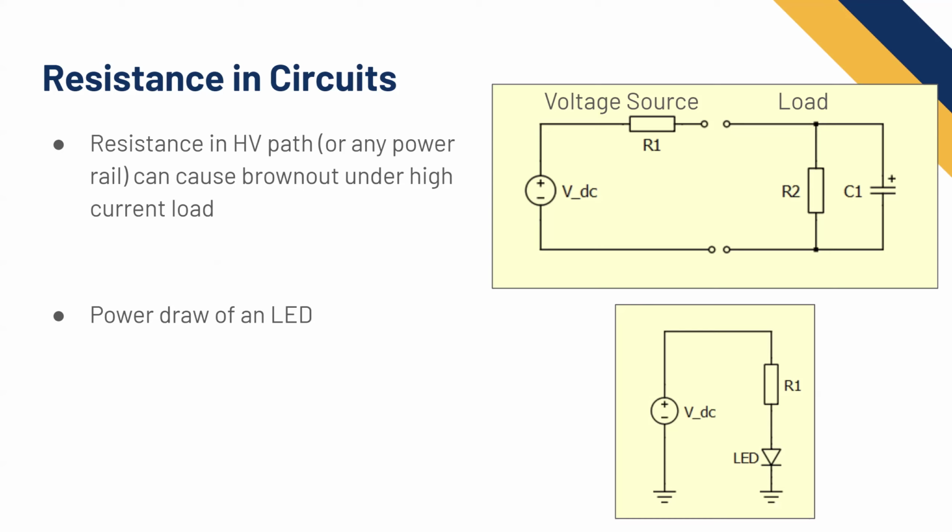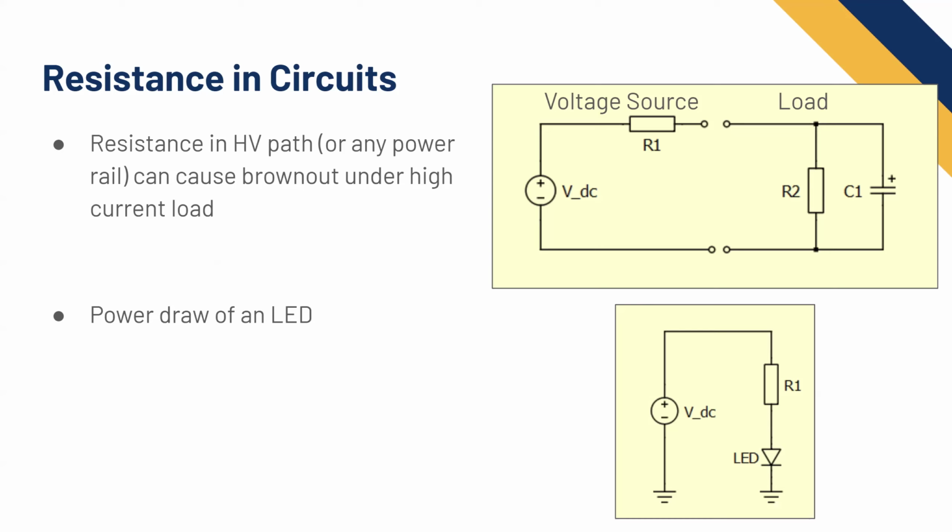So let's say our voltage source is 5 volts. And our LED, we look in it, and the data sheet says it's going to have a forward voltage drop of 1 volt. So basically, this voltage drop is going to be 1 volt, and this is 5 volts.